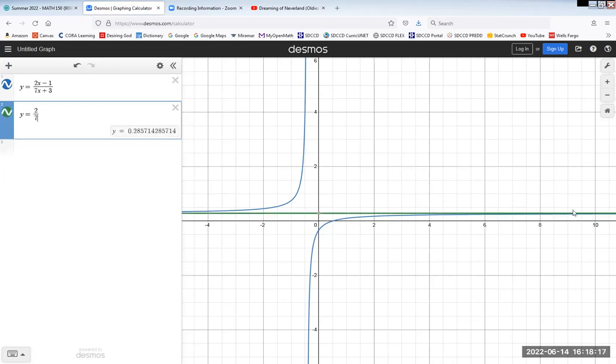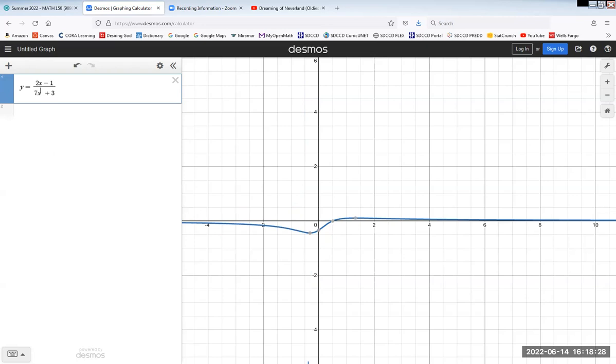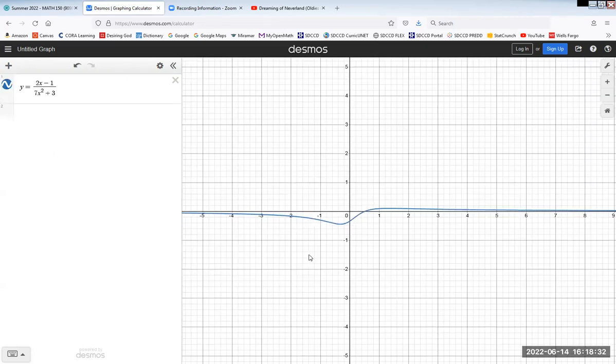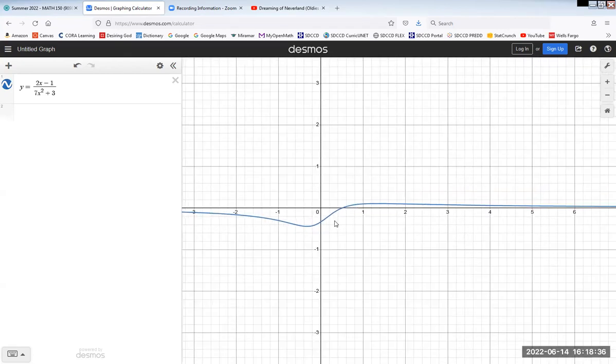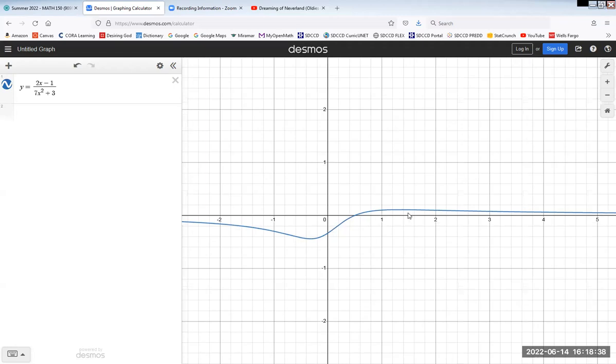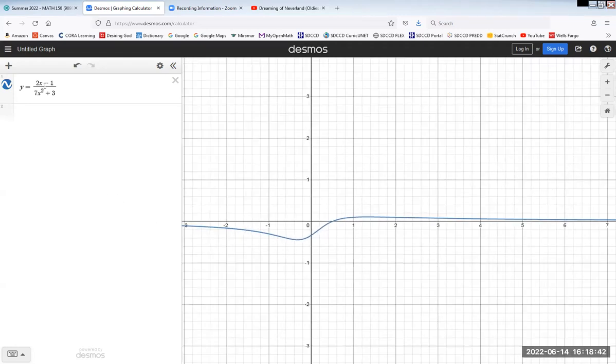And as we go out to infinity, we approach our horizontal asymptote. In the next problem, we changed this to x squared. When we did that, it really changed the graph. And now we can see it's really staying close to 0. So as we go to infinity, it's headed towards 0 now.